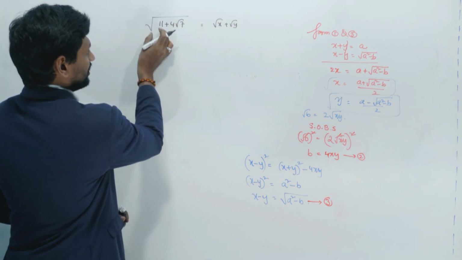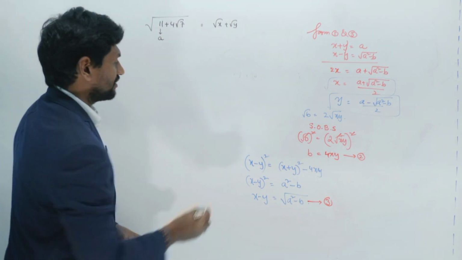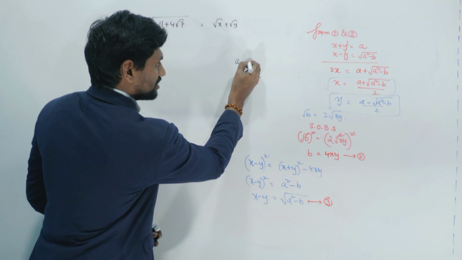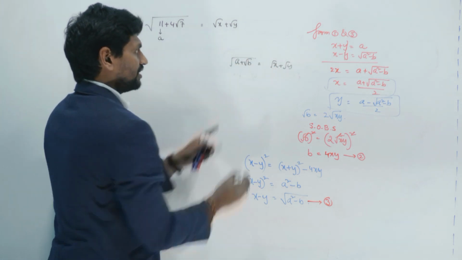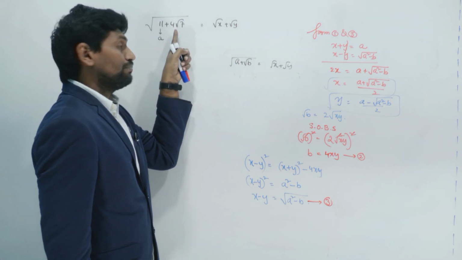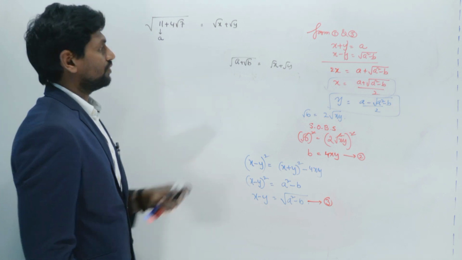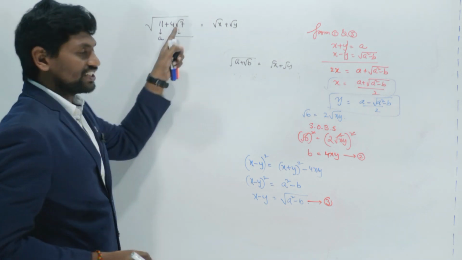Now before that, this is the a value, but the b value is different. Whenever a plus root b equals root x plus root y, a is separately one term and b is separately one term, but in b we again have 4 outside. So I am going to write this as root over. It is a square root now.